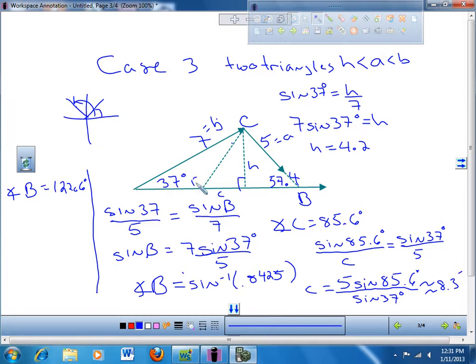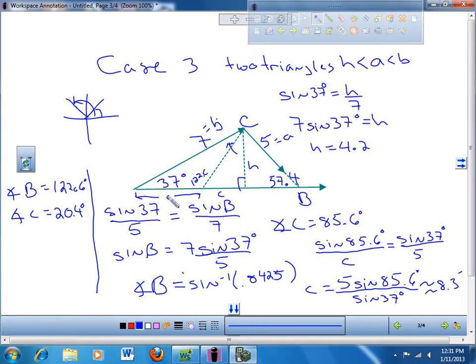So in that case, this would be 122.6. And then I add up to 180 and I find this teeny little acute angle there. So in that case, angle C would be 20.4 degrees. And then I have to find side c as well, right?